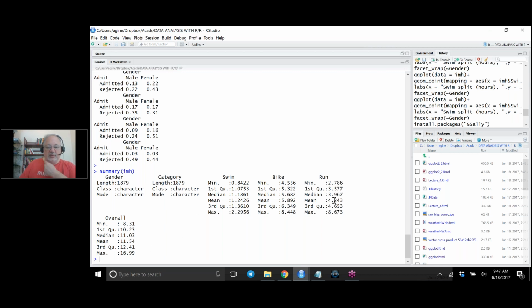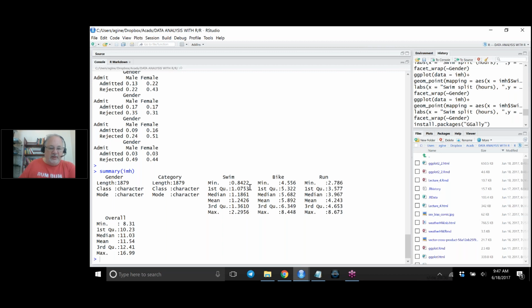Now, if you look at this as continuous data, this is going to be complicated. But we see here we have the minimum, the first quartile, the median, the third quartile, and the max. Okay? We could separate these out by men.